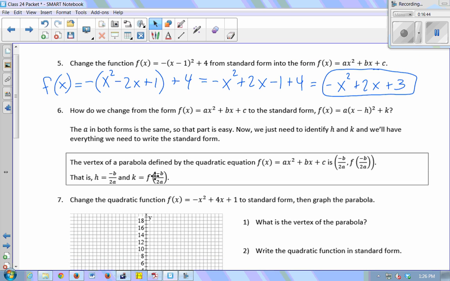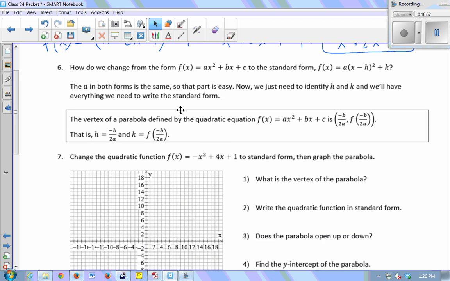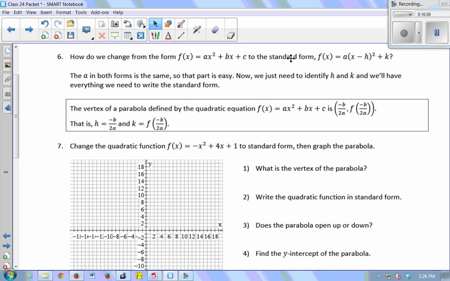All right. So changing from standard form to this form, the ax squared plus bx plus c, is pretty easy. You just square, distribute, combine like terms, right? Just simplify this expression. Okay, but changing from ax squared plus bx plus c to standard form, a times x minus h squared plus k, is a little bit harder. And the trick is to know the vertex, okay?